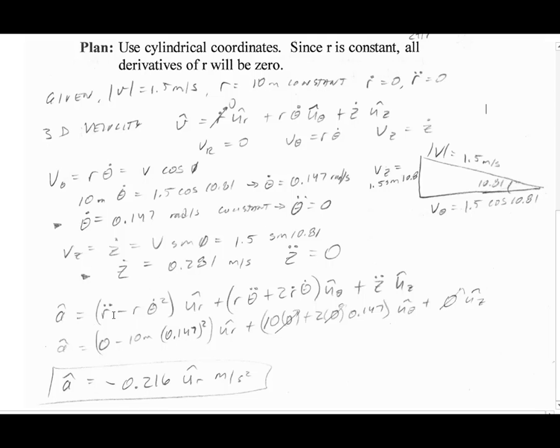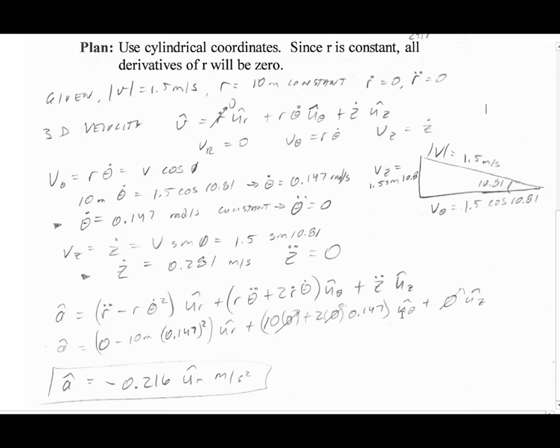Now we can plug these things in. So r dot dot is 0, our radius is not changing. We have 10 meters, and 0.147 theta dot. This is the angular velocity. That's squared, and that is in the radial direction. Then we have 10 times theta dot dot, which is 0. We have 2 times r dot, which is 0. So that's blanked out.